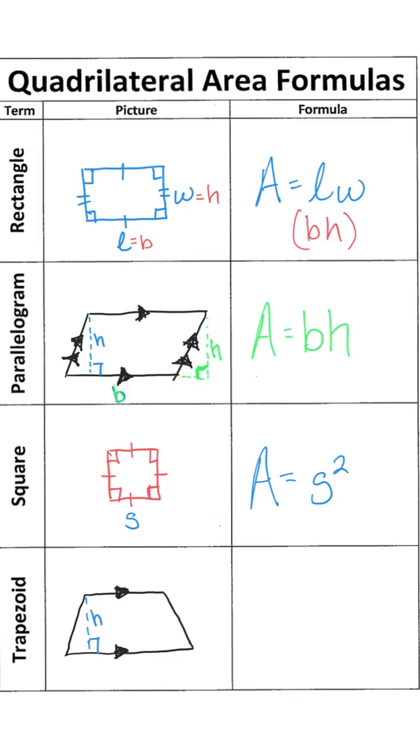So this is the height. And then we have base 1 and base 2. So our area formula for a trapezoid would be 1/2 the height times base 1 plus base 2. Change colors here so our parentheses match.